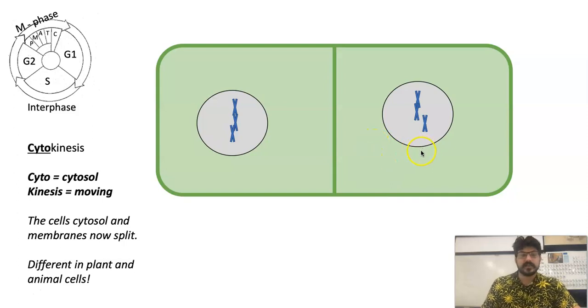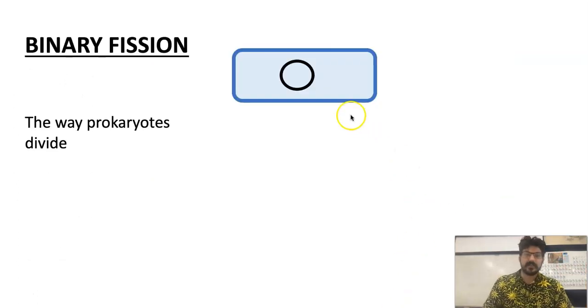The eukaryotic cell cycle is complicated. There's a few different steps involved, but it's also really important for our curriculum to know what prokaryotes do. So bacteria divide in a much simpler way. It's called binary fission. We're only going to focus again on the cell.